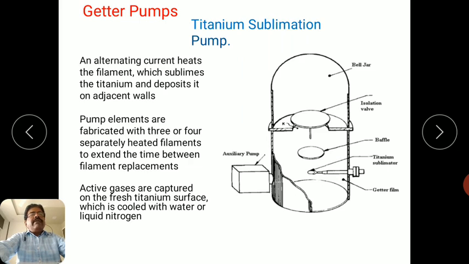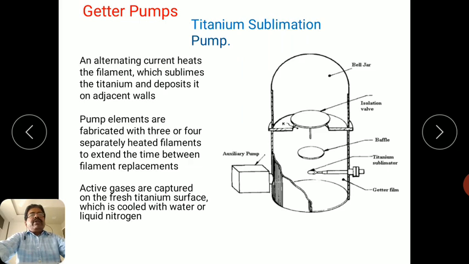So loading time will be wasted or the pumping time will increase. In order to avoid that, you can have 3 or 4 filaments simultaneously, which can continue the process of pumping without being interrupted for the time required to replace the filament.